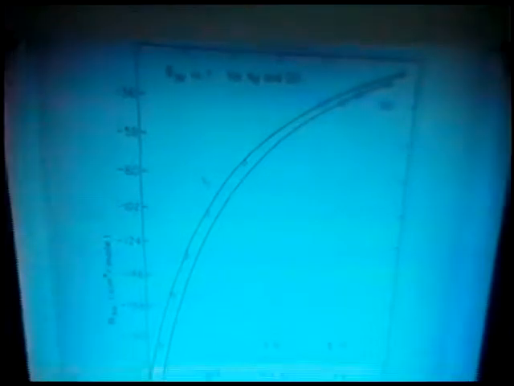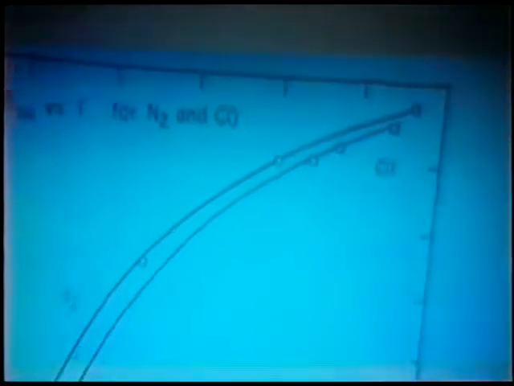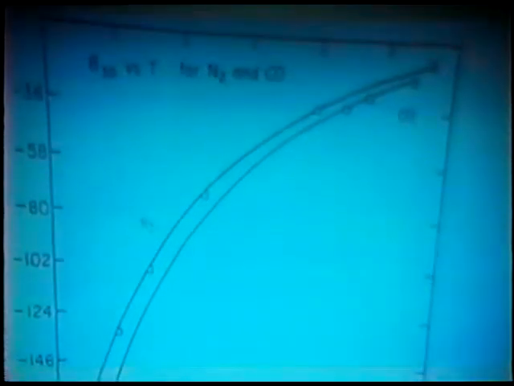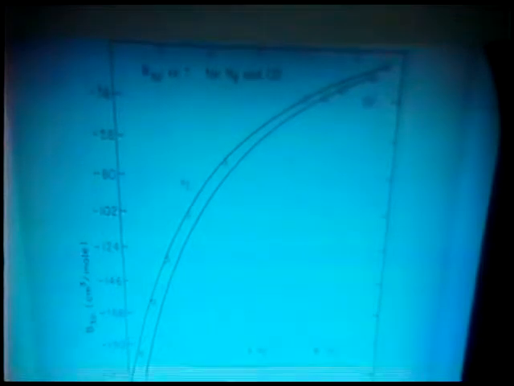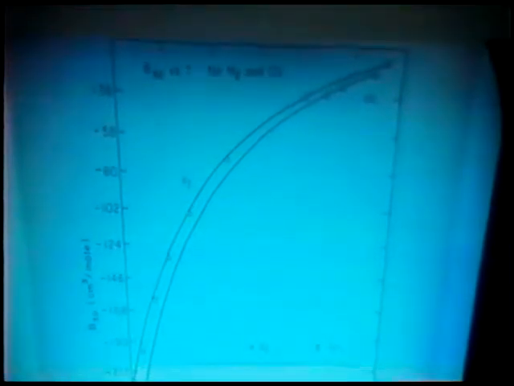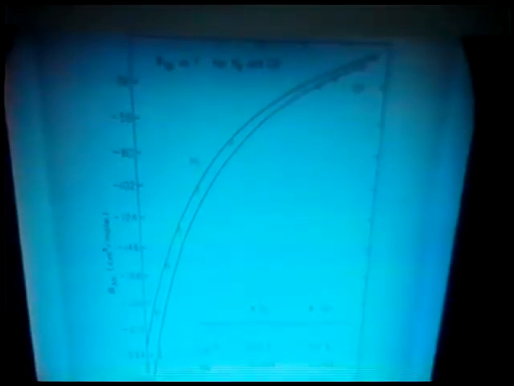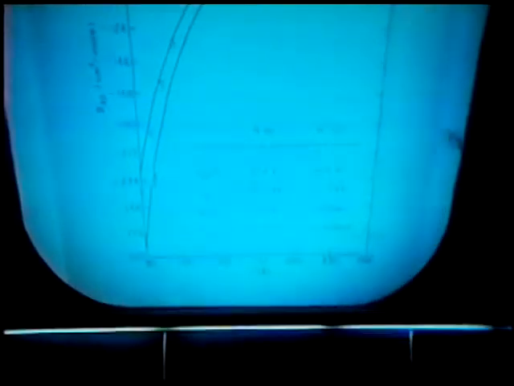If, for example, we look at the bulk virial coefficients of nitrogen and carbon monoxide, these circles represent the experimental data for bulk virial coefficients for nitrogen. The squares are data for bulk virial coefficients for carbon monoxide. And the lines through here are curves that we calculated for the virial coefficients using the nitrogen-like potential I described, and these values for the parameters.